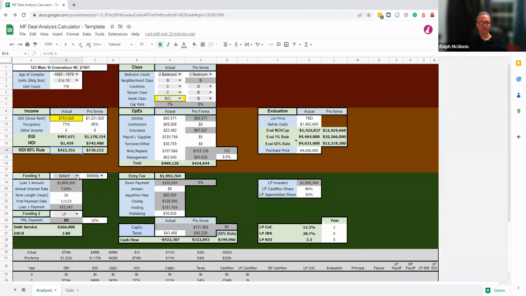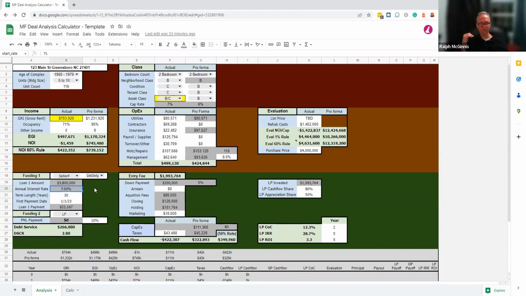So once you pick the type of financing, here's bank, here's seller finance, your different formulas over here will change to match your financing type. So you're going to pay more typically nowadays for a bank loan than for seller finance. And the reason is because banks have been raising their interest rates.